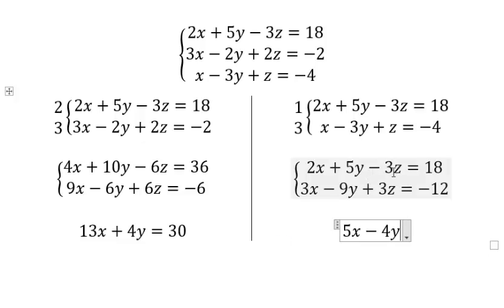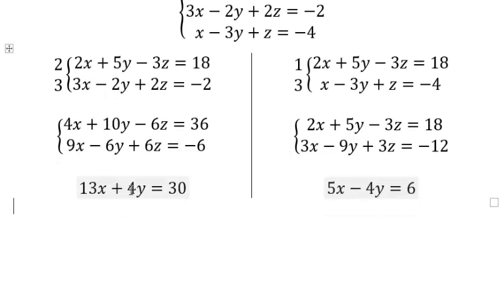Minus 3z plus 3z is going to give me 0. So I'm not going to put the z because it got eliminated. And 18 minus 12, that will give me 6. Okay, so I eliminated the z in this other subsystem too. So I have two equations without z.